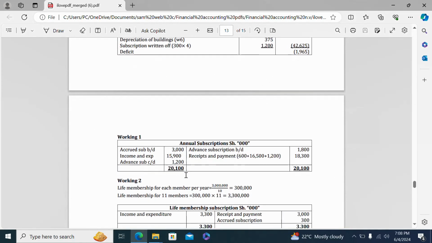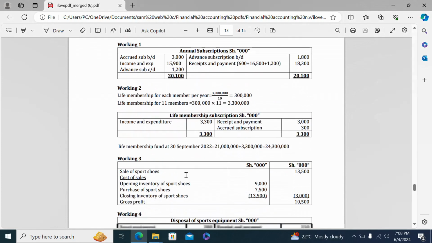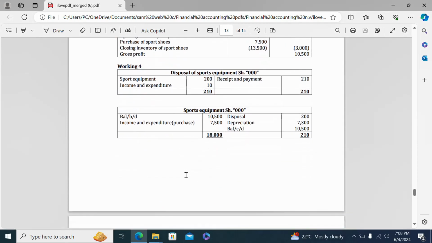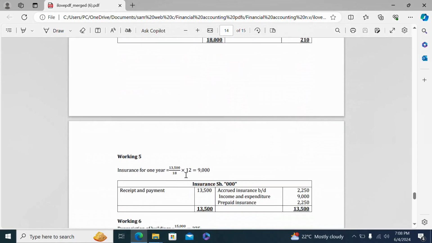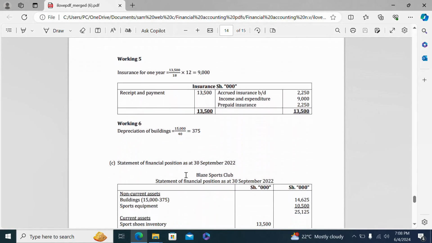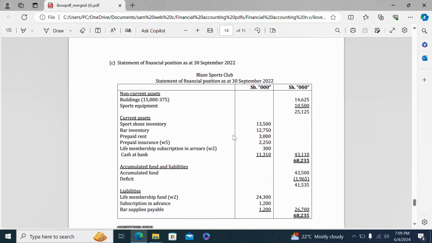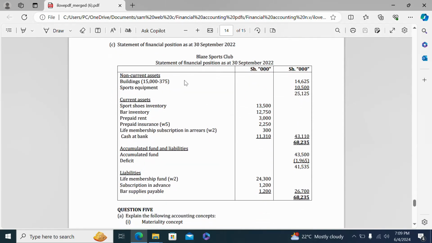And we have the workings which support that answer. And finally, for part C, we have the statement of financial position as at 30th September 2022. So this is a statement of financial position.